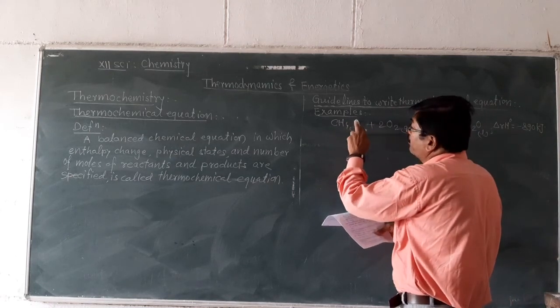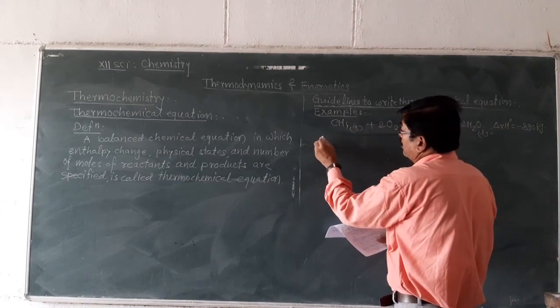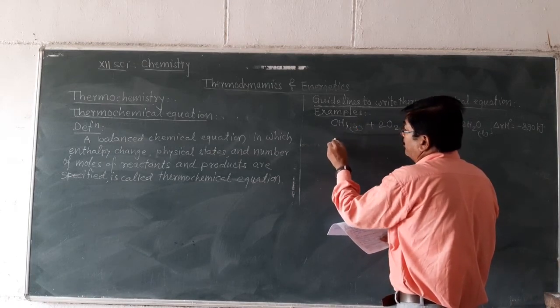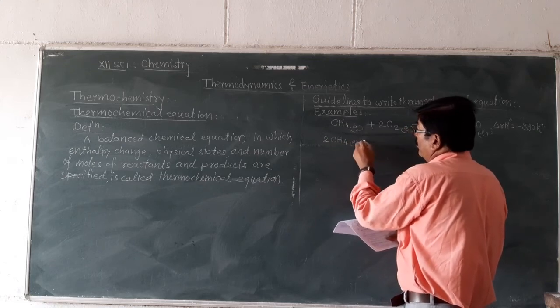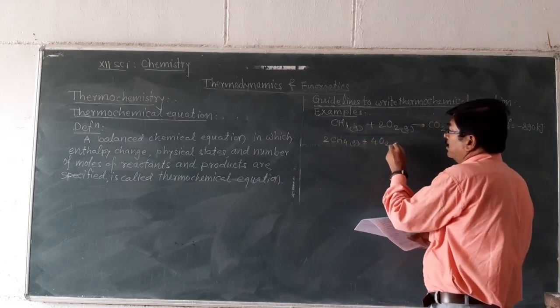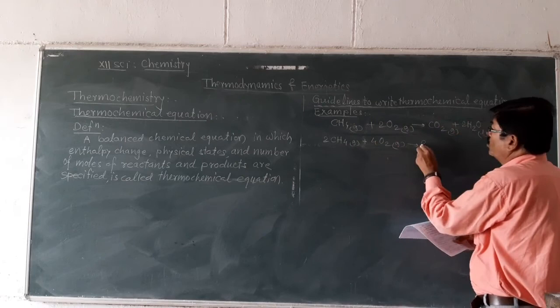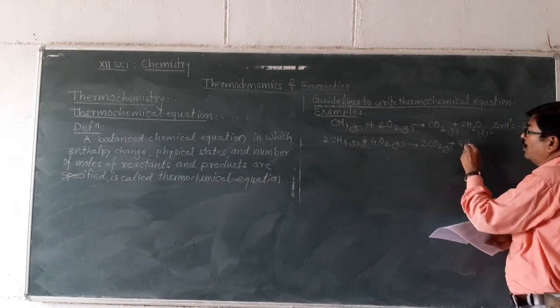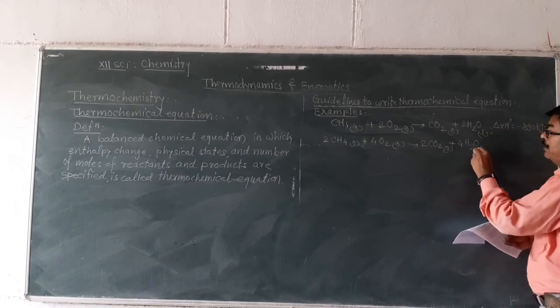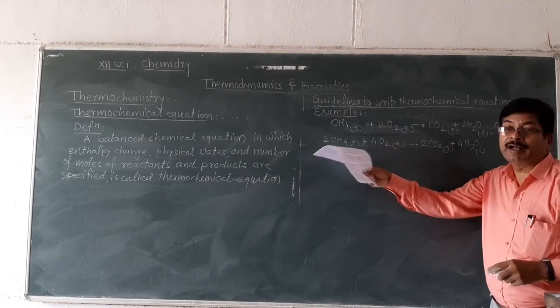If you multiply this equation by 2, it becomes 2CH4 gas plus 4O2 gas to give 2CO2 gas plus 4H2O liquid. That means this first equation is multiplied by 2.